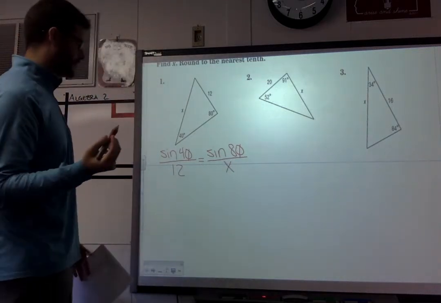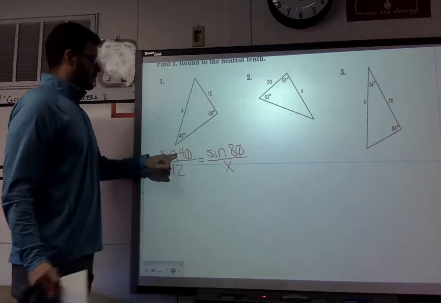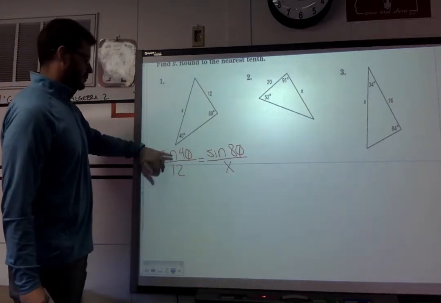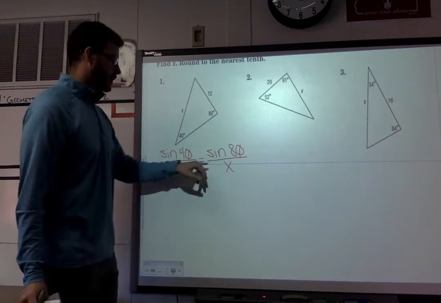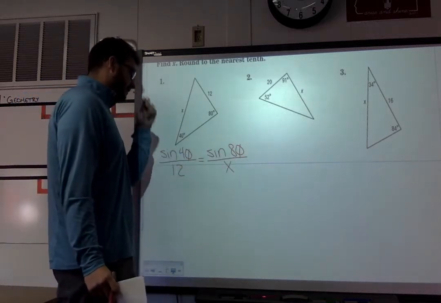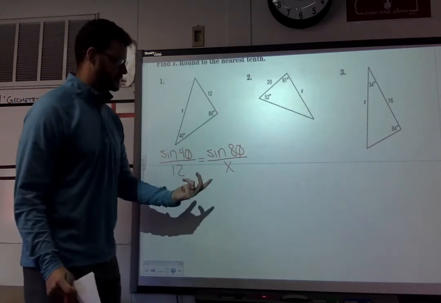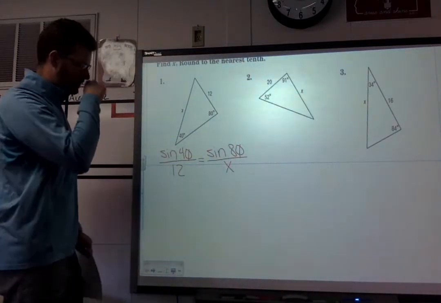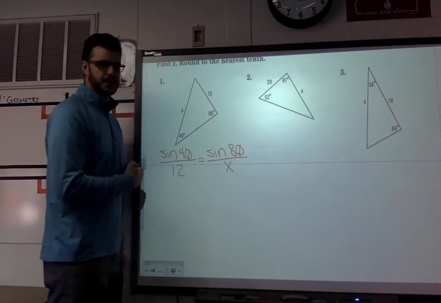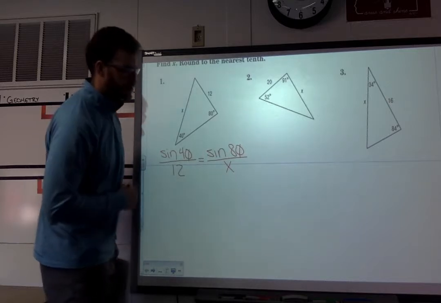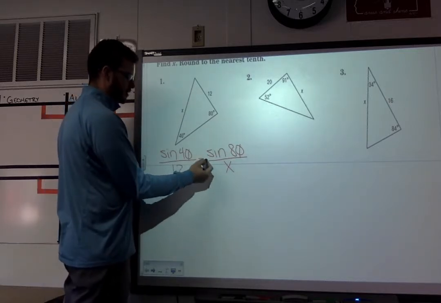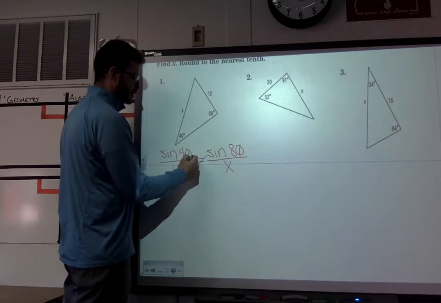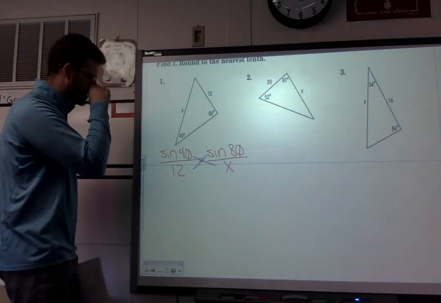Now, a couple different things we could do here. The long way would be to do sine of 40 divided by 12, then we would have to multiply x over to both sides and then divide. The easier way to do this, if you remember, we have two ratios set equal to each other, so in order to solve for a missing length or a missing value, we can cross multiply.